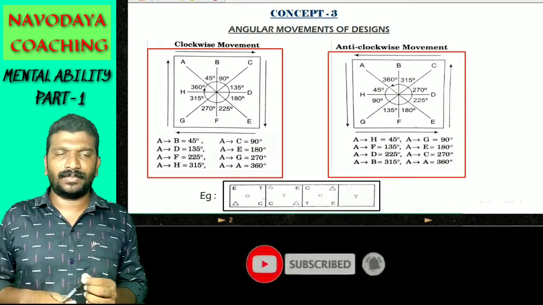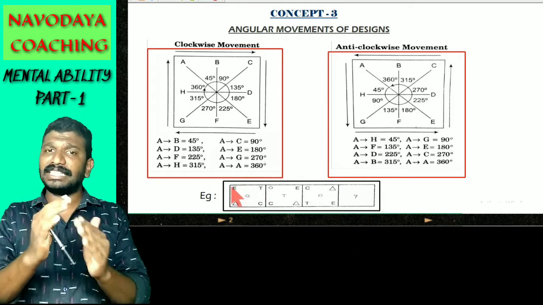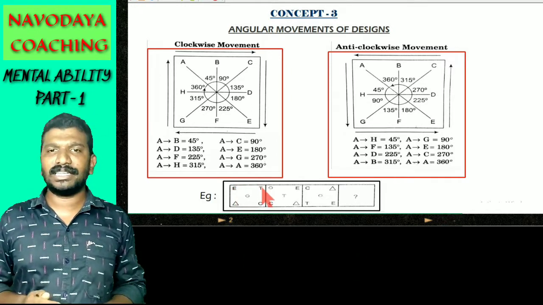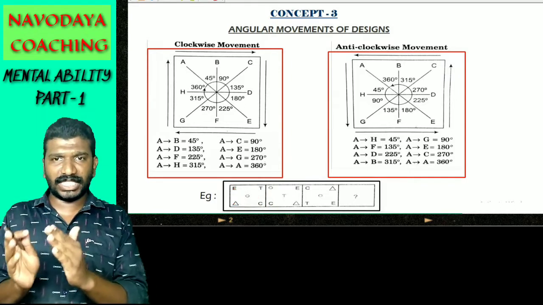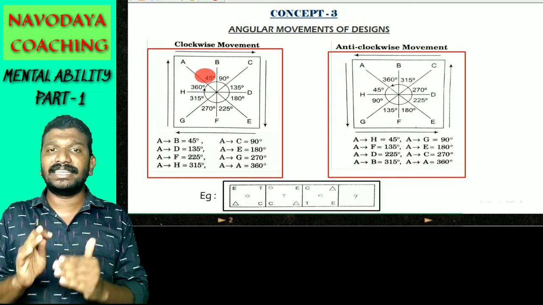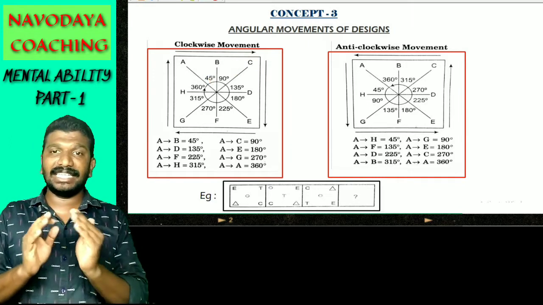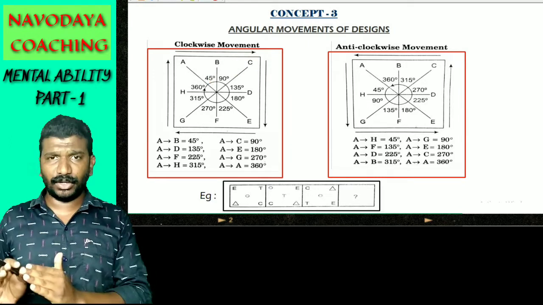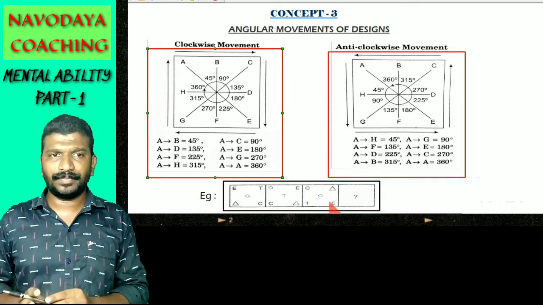Then the movement of the letter E is clockwise. Shall we check the angular movement? First to second, E is moving clockwise 90 degree rotation. Second to third also, the E is moving clockwise 90 degree.